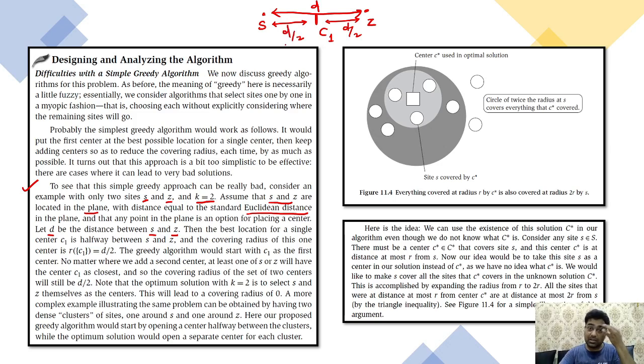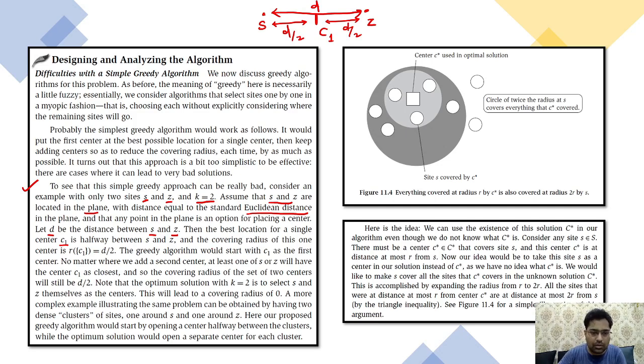Clear? I am just keeping one mall in between them, so the best location for a single center C1 is halfway between S and Z. I can place one mall and treat both locations as within my range.